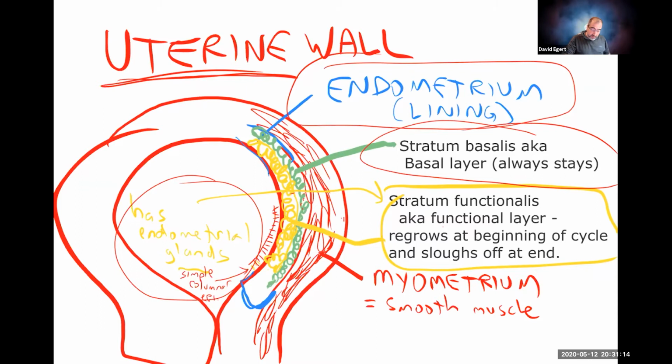All these things start dying off. All this comes apart. The regrowing is under the influence of estrogen. Keeping it going while it's been made is the job of progesterone. And when the progesterone stops, when the corpus luteum is done, that's when we have the menstrual flow.